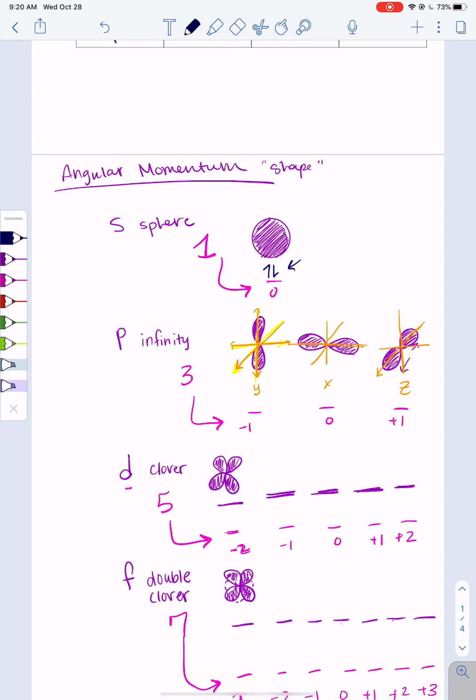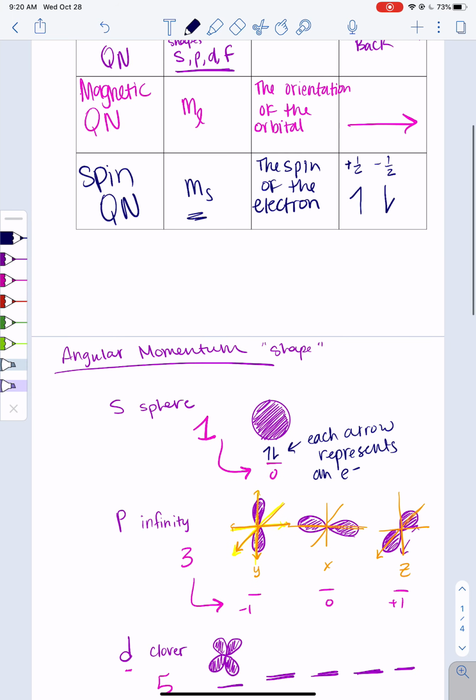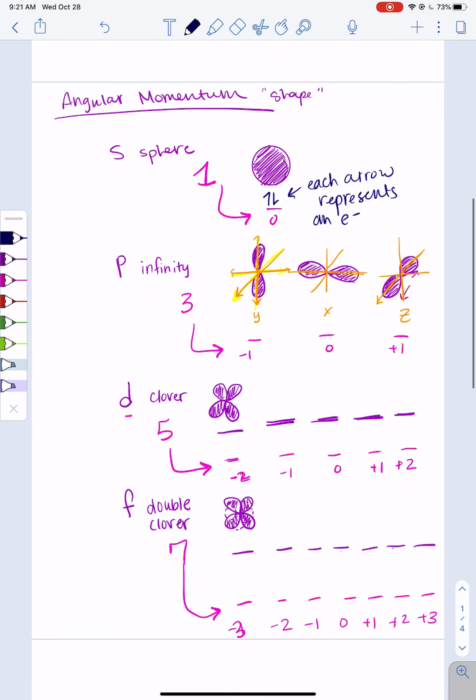And so these arrows, each arrow represents an electron, okay? And the reason that it's half an arrow is because over here the value was +1/2 and -1/2. So it's half that arrow, okay? So when we put them in here, we would put them all the way across and then pair them up. And they pair, spin up, spin down.